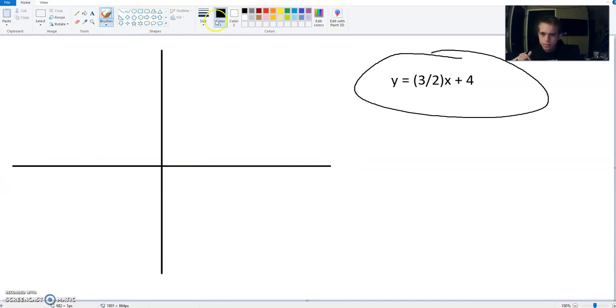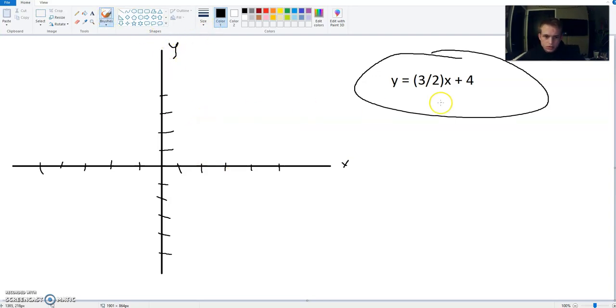There's the x, there's the y, and what else do we need? Well, we almost always need our little tick marks. Try and make those evenly spaced.